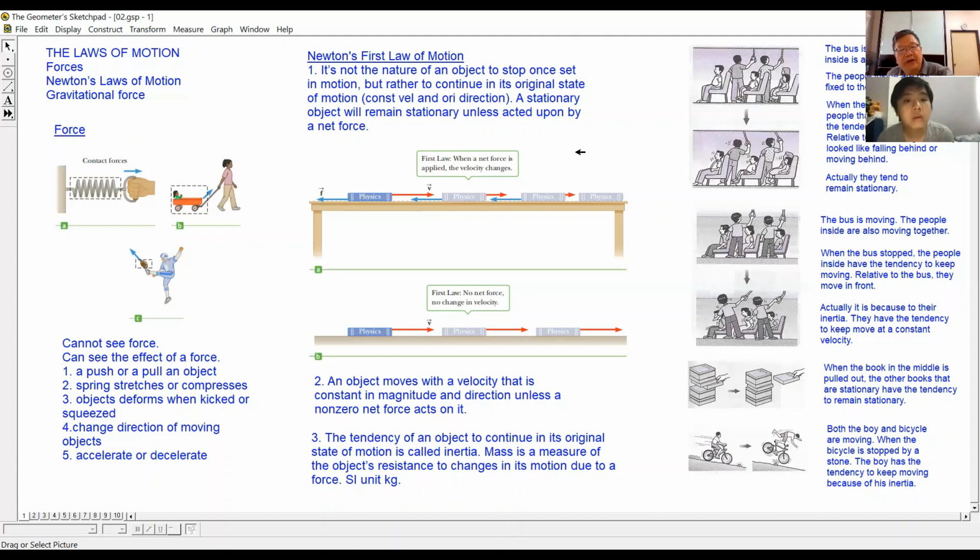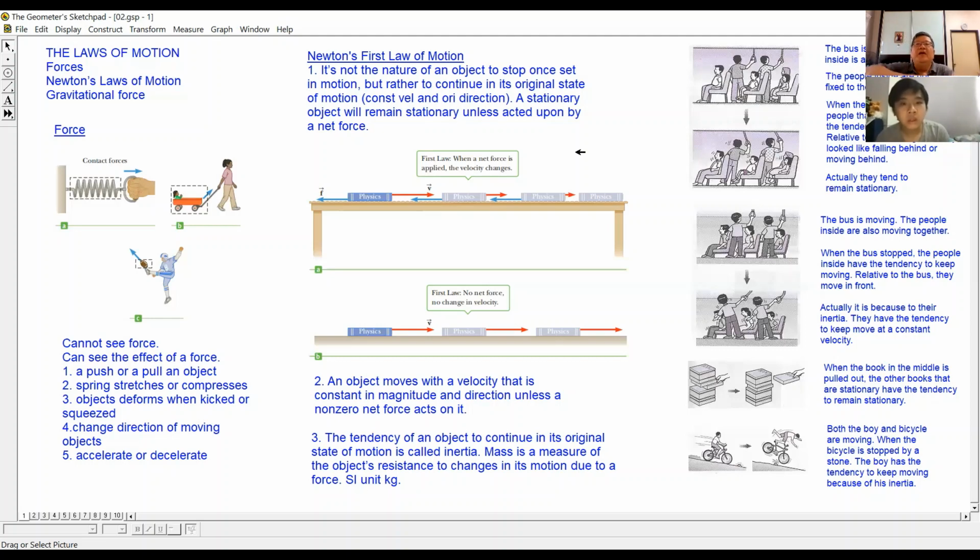So that means when the object is moving with constant velocity, there is actually no net force acting on this body, right? It will continue to move in a straight line.